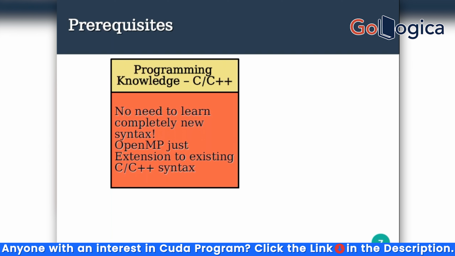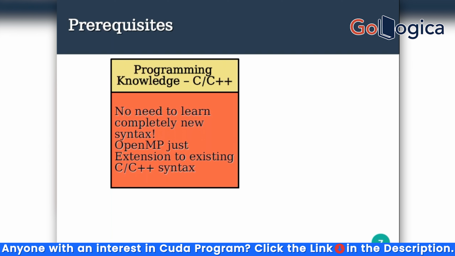I'm not going into details of how to do that, but if you talk about OpenMP, by including only 3 lines of code you can convert your C or C++ program into an OpenMP or CUDA program, which can exploit the computing power of the underlying CPU or GPU, right?